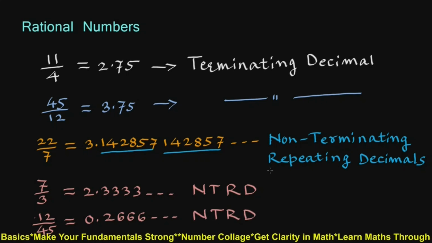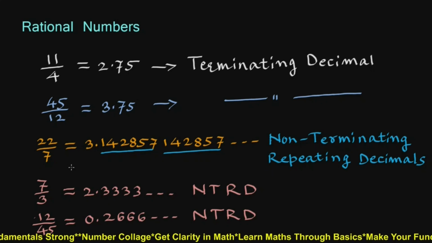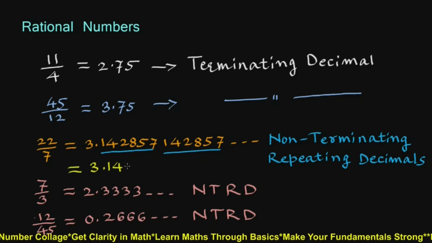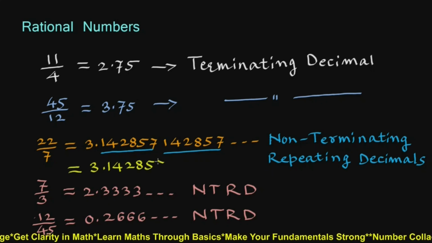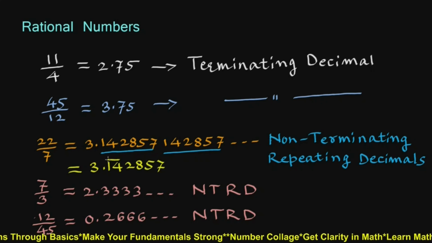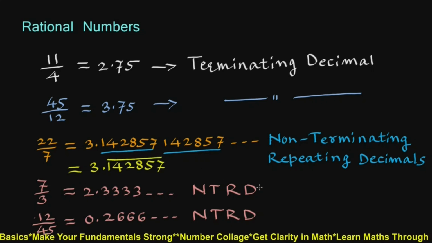These non-terminating repeating decimals are also represented as 3.142857 with a bar drawn on the repeated group of numbers.